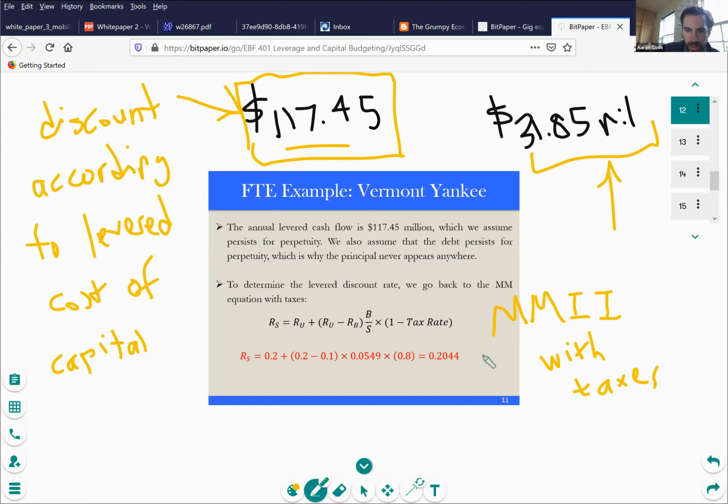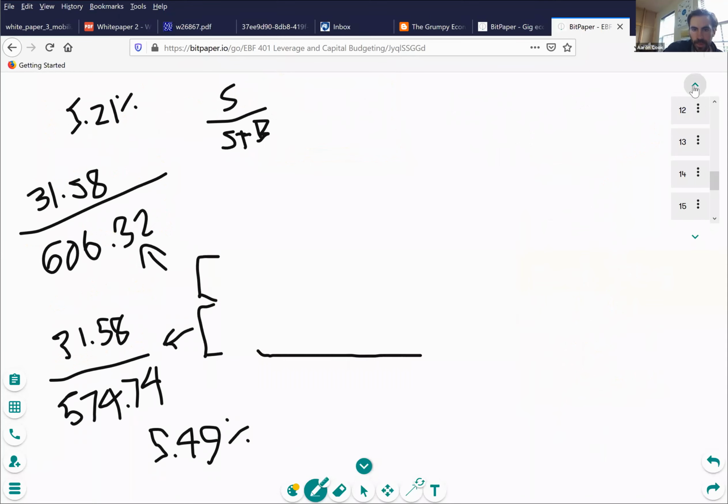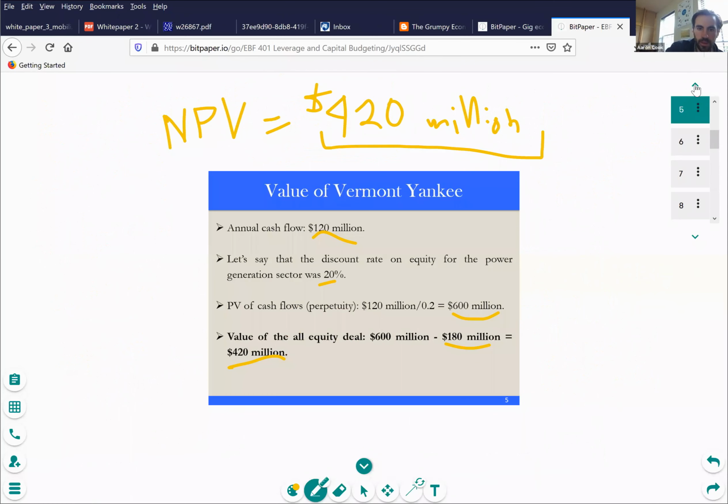So all the parameters that we need for this equation are things that we've seen before. We know that the unlevered cost of equity is 20%. That was our initial assumption that we made all the way back here.